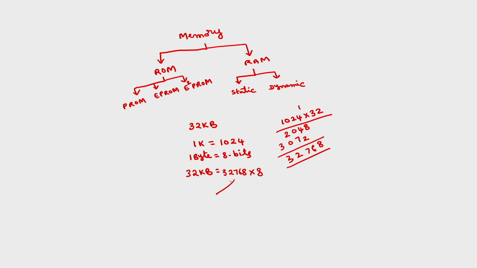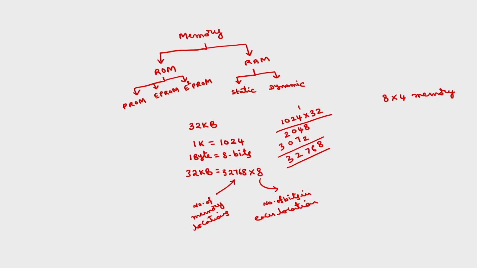So, 32,768 represents the number of memory locations, and 8 represents the number of bits in each location. This is the meaning of a memory. Simply, if I take a small memory like an 8 by 4 memory, it can be either ROM or RAM.